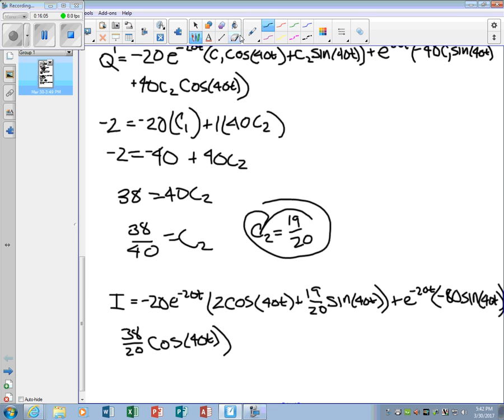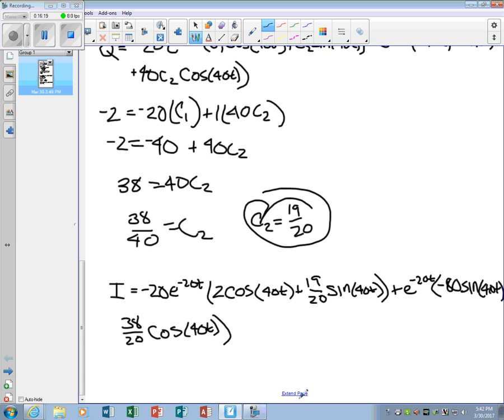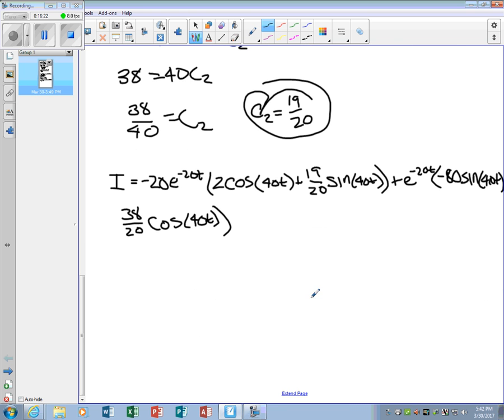Actually, that doesn't get closed off over here. I put one too many parentheses over here, so I'm just going to rewrite that just so I don't get screwed up. So this just closes off right there, and then this closes off with that. So, look at this mess. It's beautiful. We're almost there. So we have I equals. I'm just going to distribute this negative 20 in here, so that we can have e to the negative 20t and combine these simply and not have to worry about a whole mess of what goes where.